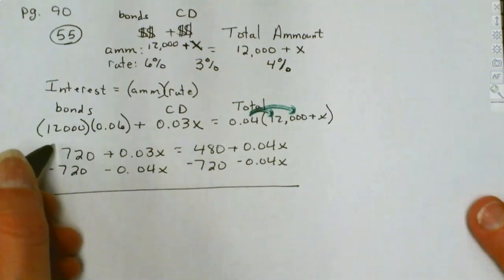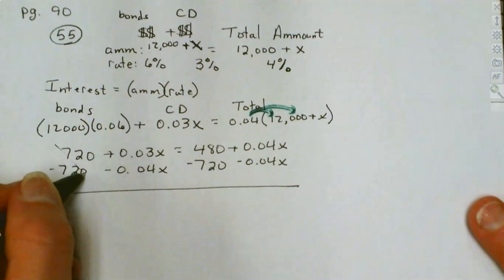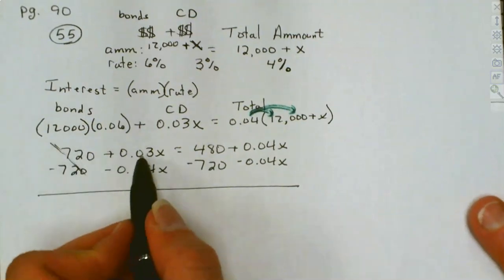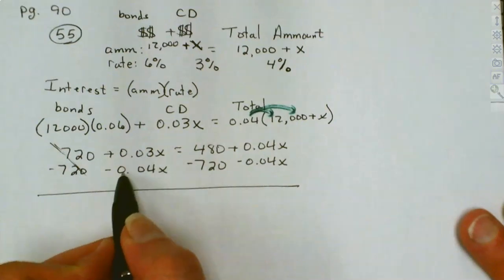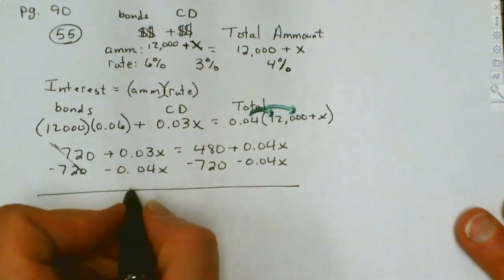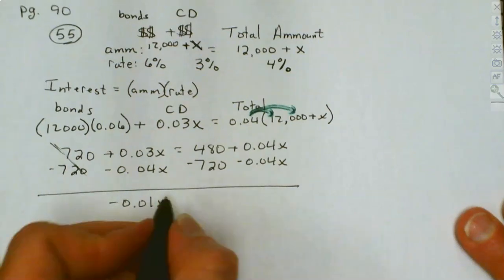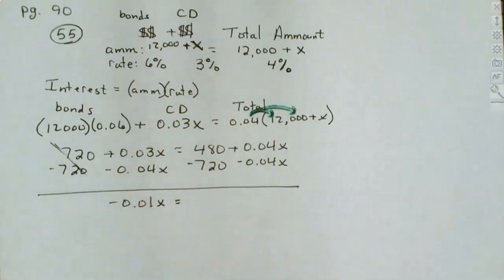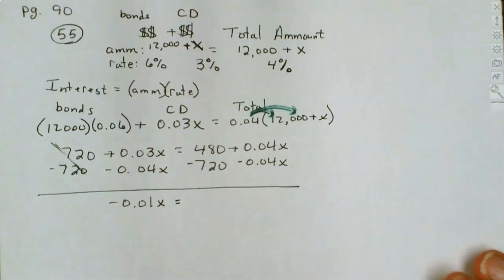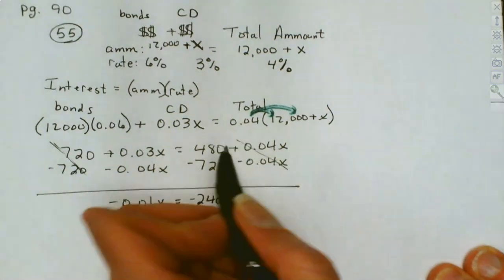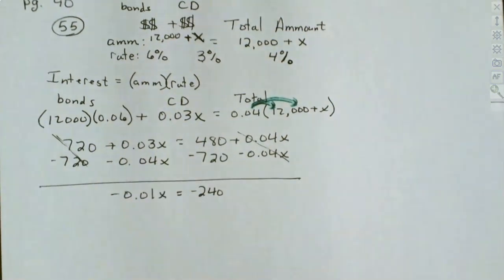So now when we move that 720 over, it cancels out. And watch your signs here, 0.03x minus 0.04x. So that's a minus 0.01x there. And we've got 480 minus 720. That makes it a minus 240.